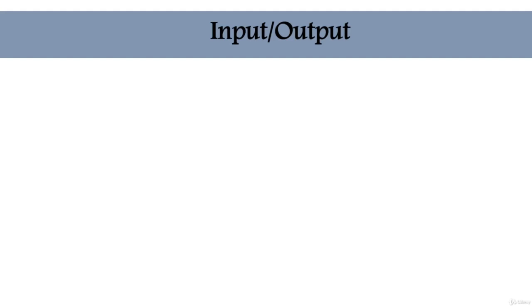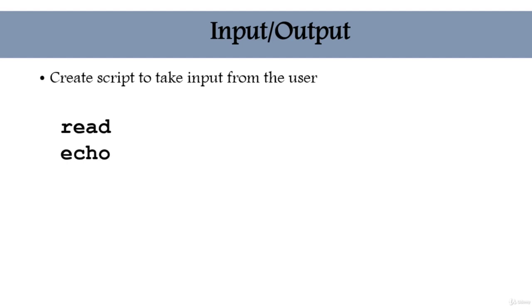Input and output. This lesson is about writing a script where the script will wait for the user input. So when you run the script, it will wait for you to type in something.